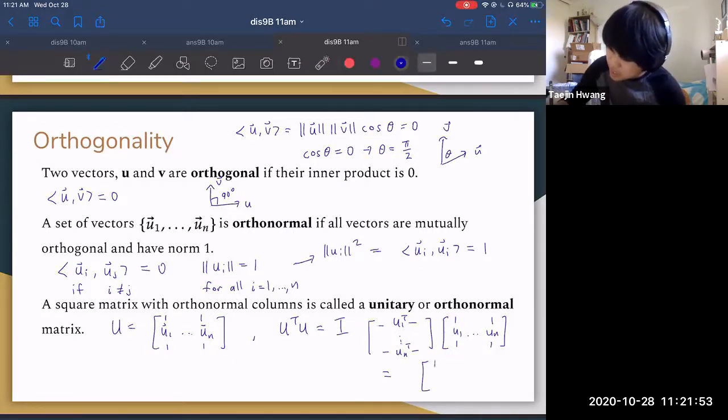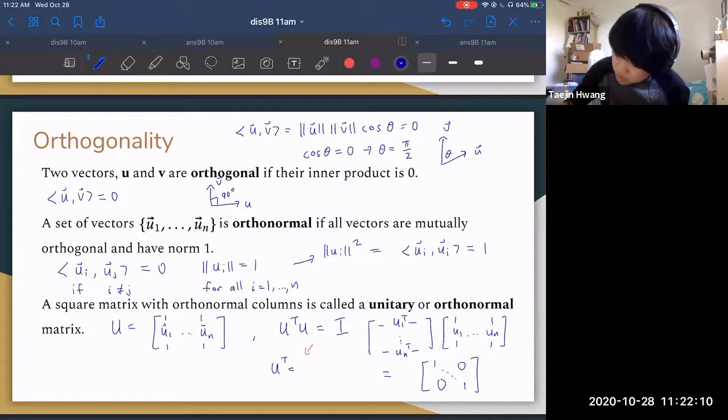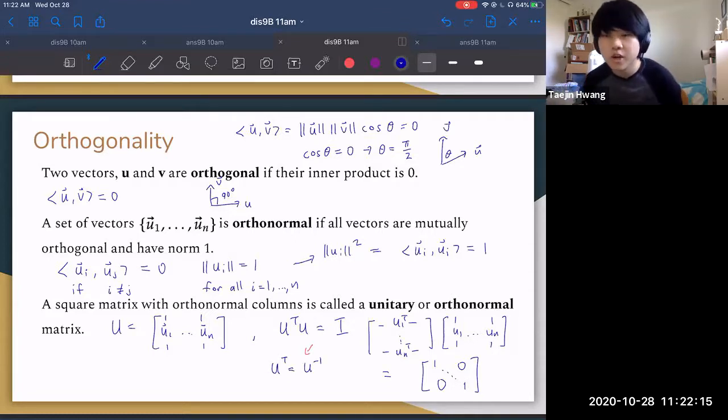This means the diagonals will all be 1 because the vectors are orthonormal, and the off diagonals will all be 0 because they're orthogonal. And this tells us that U transpose is equal to U inverse if it's square.